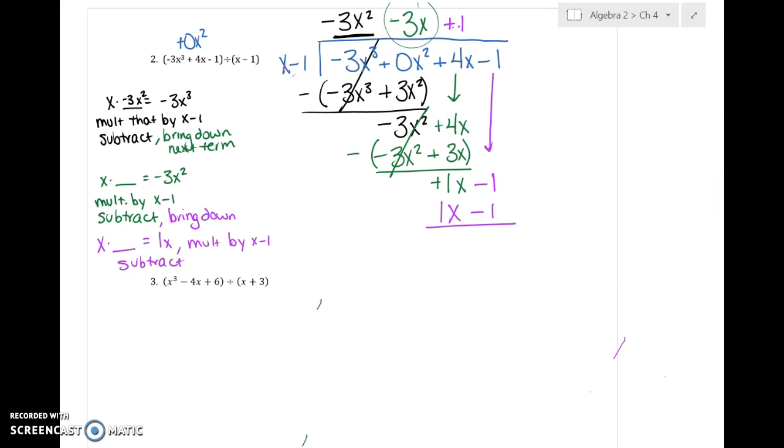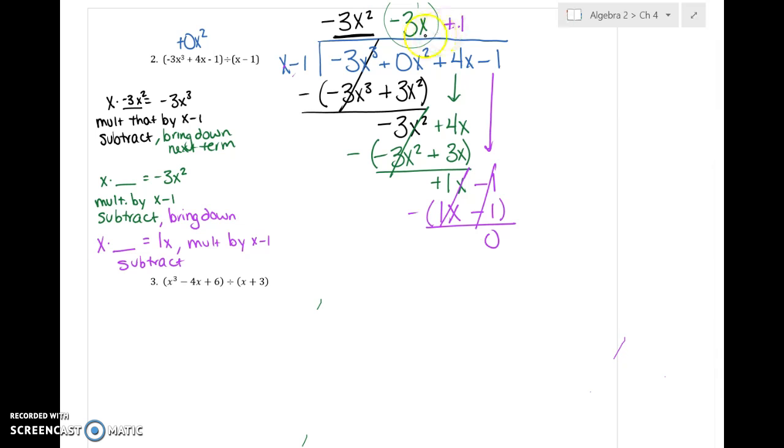And subtract. What happens when we subtract? The first one cancels like it's supposed to. The second one also cancels. This one doesn't have a remainder.